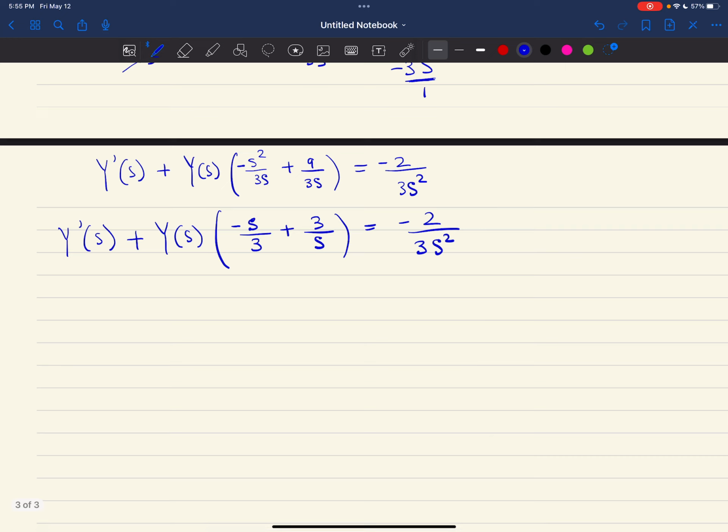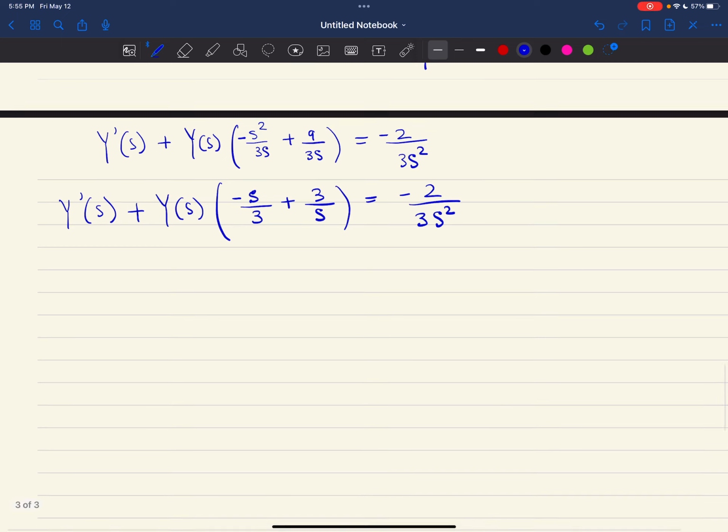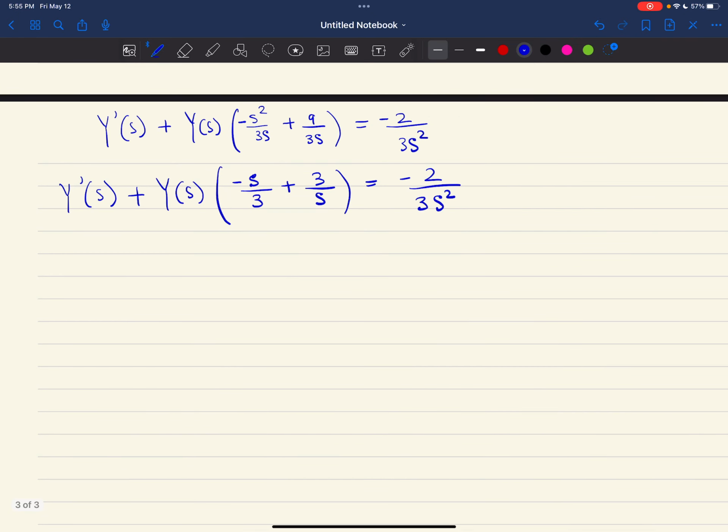Now, some people prefer to do the integrating factor by mu, and some prefer to do it by rho or some other Greek letter. I'm going to do rho. So rho will be my integrating factor. So rho of s will just be e to the power of the integral of P of s, and P of s in this case will be this here, right?